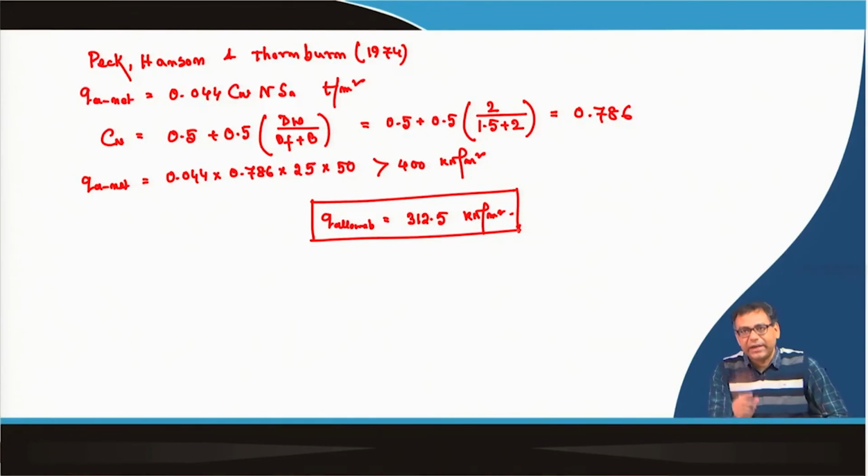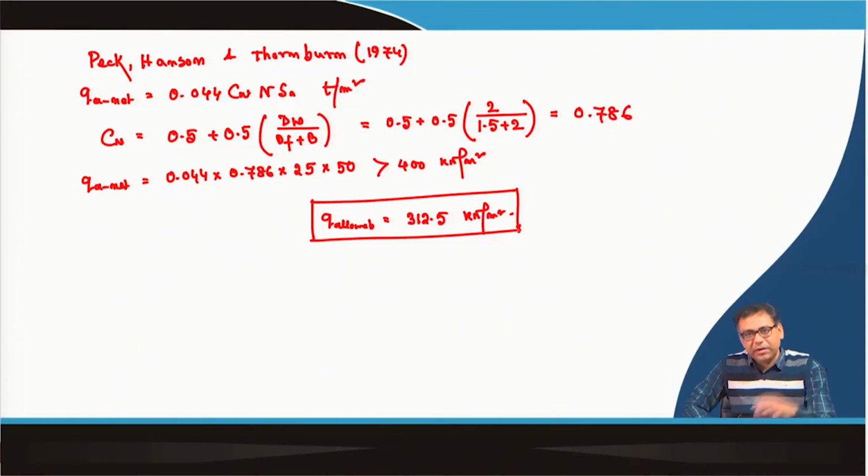So, now you check the dimension that your footing you have considered is sufficient or not to take this much allowable bearing capacity, that is sufficient or not for the load which is coming from the superstructure.